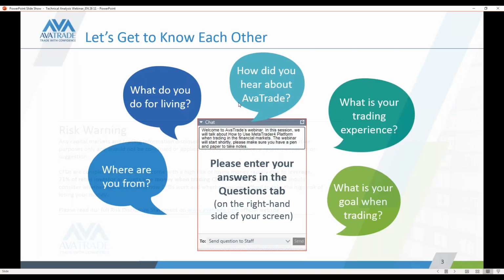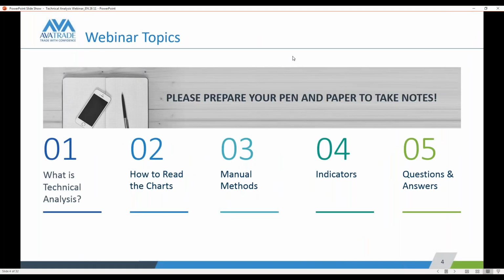Okay, so we're talking about technical analysis today. Those of you who've come to my webinars, I think you understand that when we're looking at the candlestick chart and we're doing technical analysis, we tend to focus almost primarily on manual methods of technical analysis.